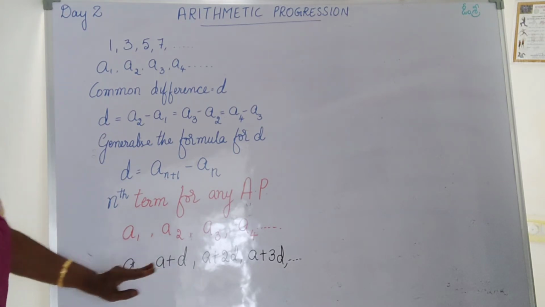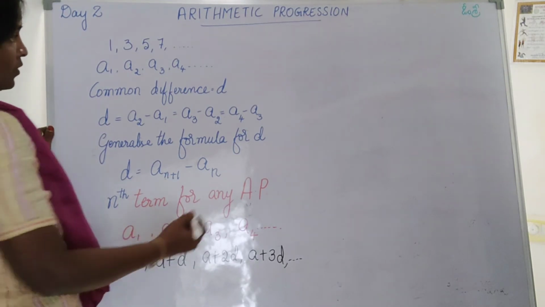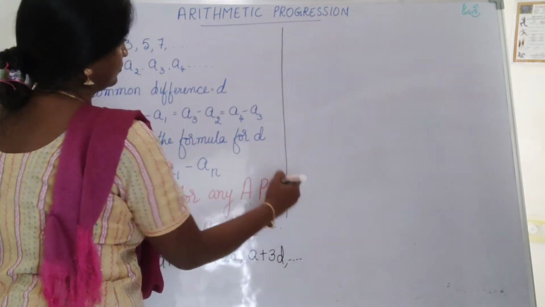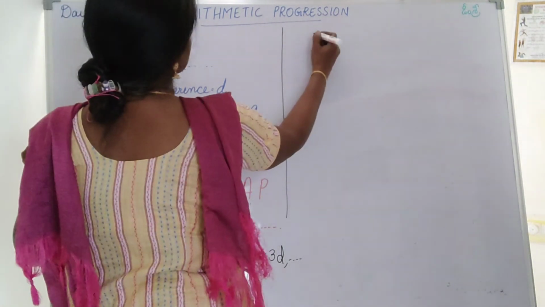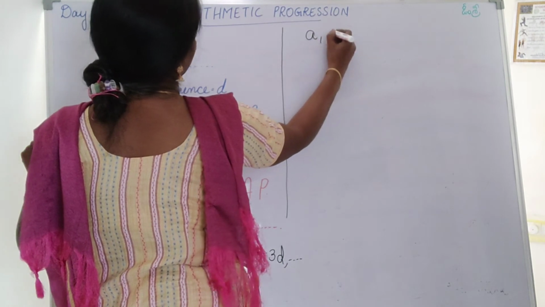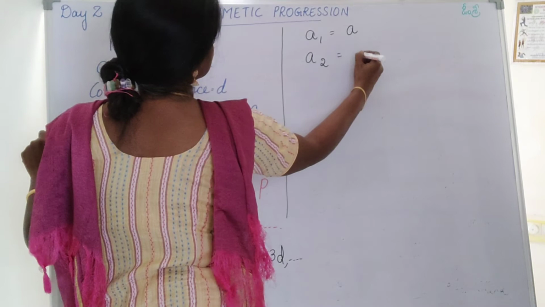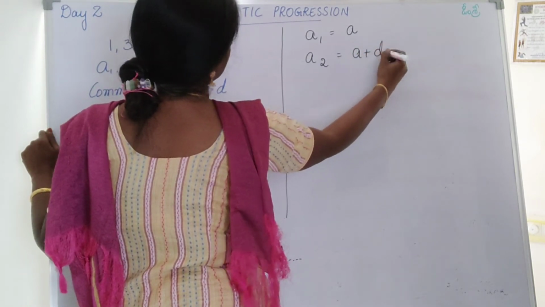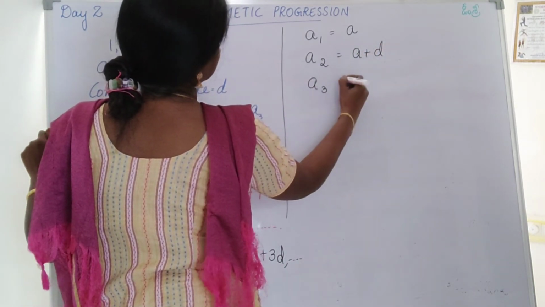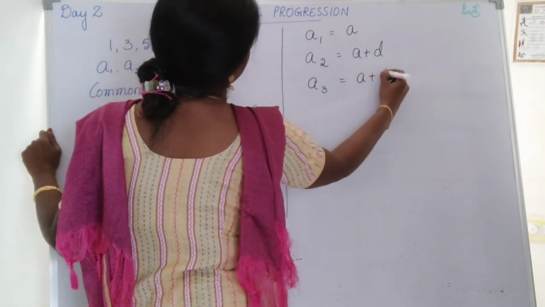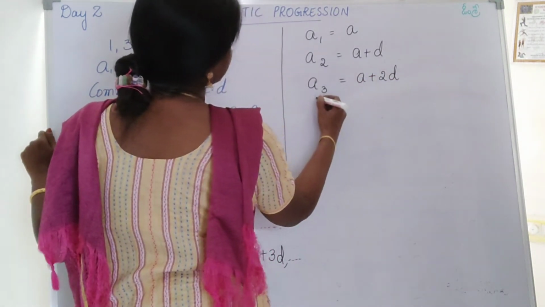Hope you are following. So here we can write A1 is equal to A, A2 is equal to A plus D, A3 is equal to A plus 2D and so on.